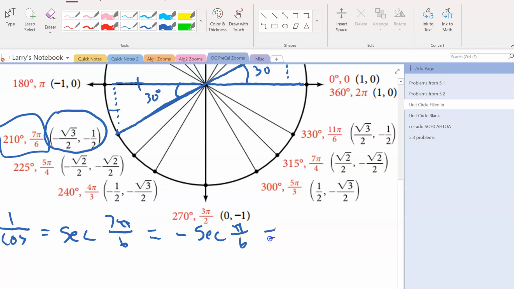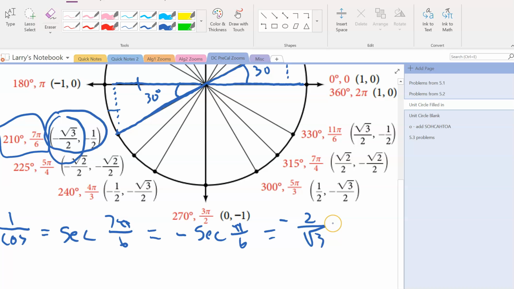So we know it's going to be simply the inverse of the x coordinate, in this case, 2 over the square root of 3, but it's going to be negative. And we could have gotten that immediately just by looking at the 210.